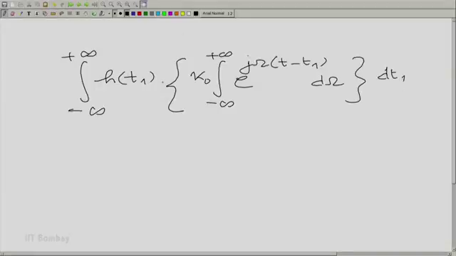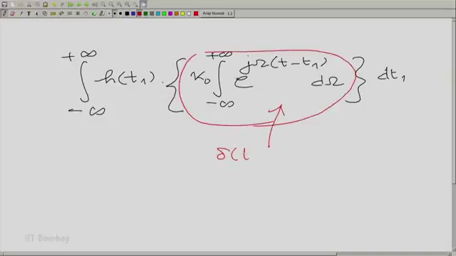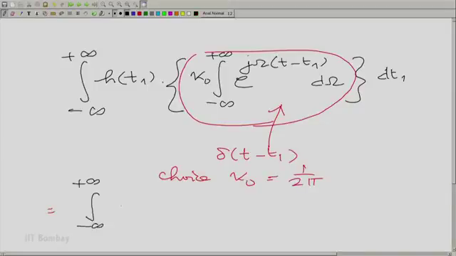This whole thing has been replaced by delta t minus t1 with a choice of kappa 0 equal to 1 by 2 pi, and therefore you would get minus to plus infinity h t1 into delta t minus t1 dt1, which is simply h of t.